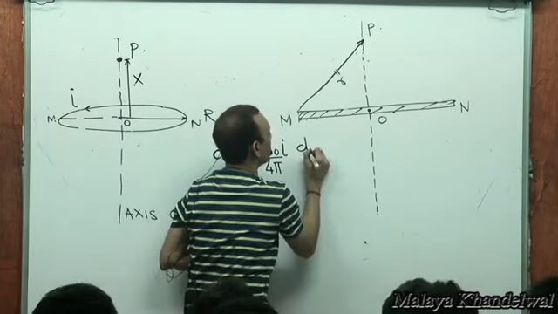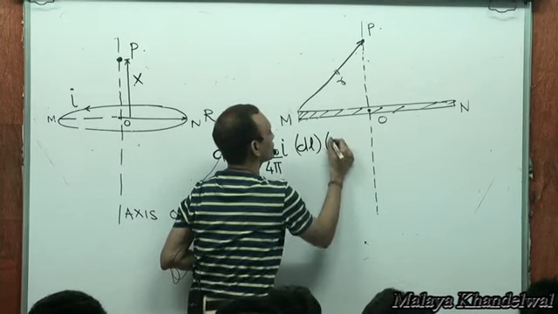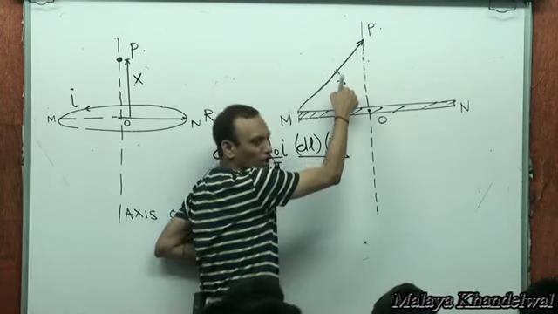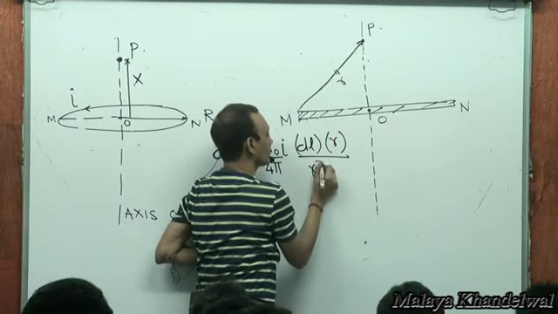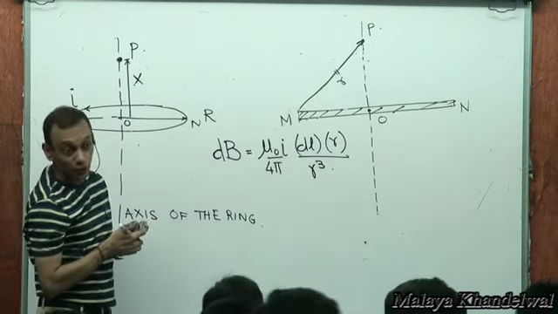Therefore, that will be simply dl into r divided by r cubed. That's the magnitude of the field at P.